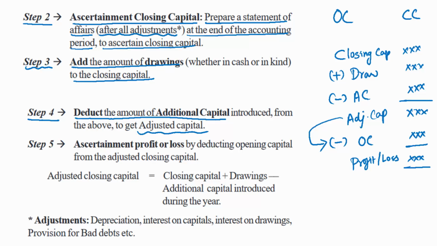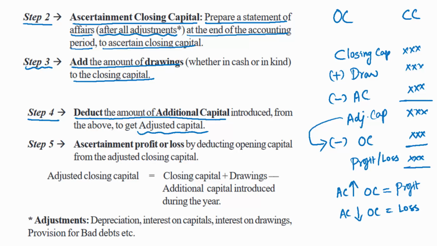What you have to understand here is, if adjusted capital is greater than opening capital, you will have profit. If adjusted capital is less than opening capital, you will have loss.